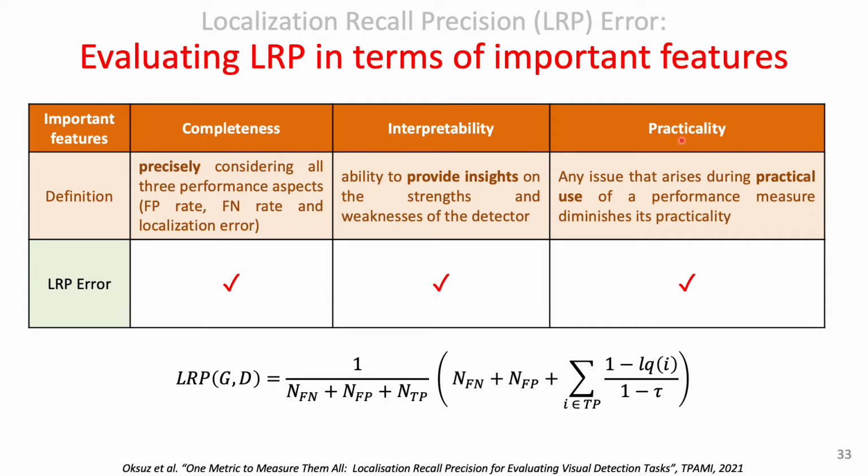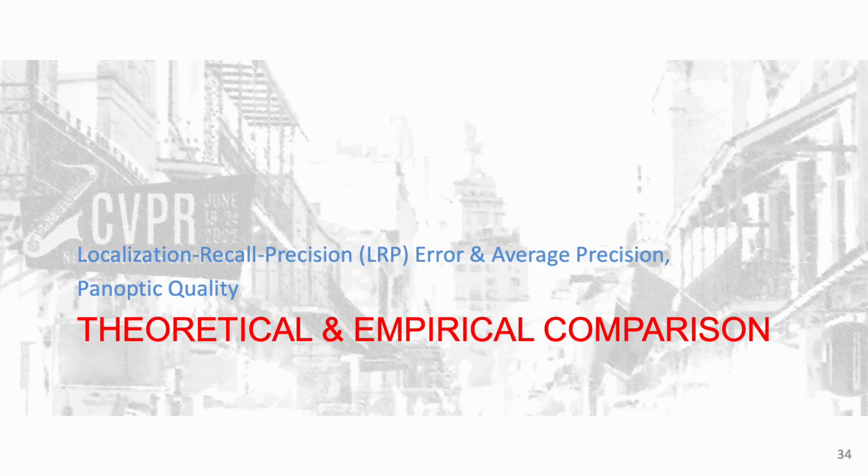And it does not have any practical issues when we want to use LRP error in practice. Therefore, we can say that LRP error satisfies all three features, unlike average precision or panoptic quality. Now, let's go through some theoretical and empirical analysis to get more insight about these measures.